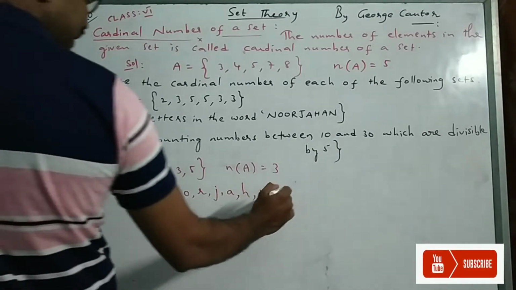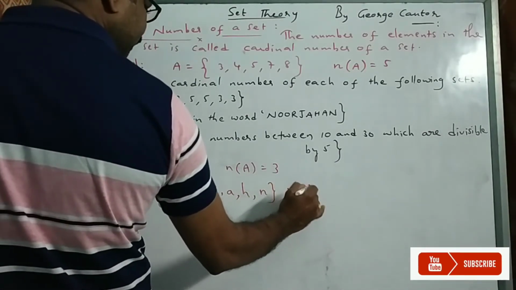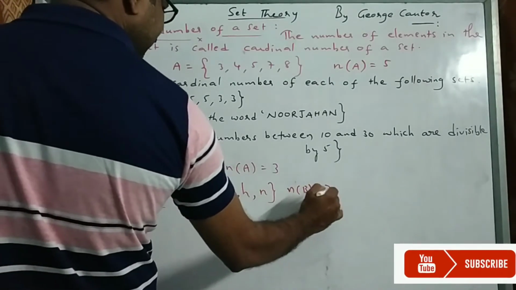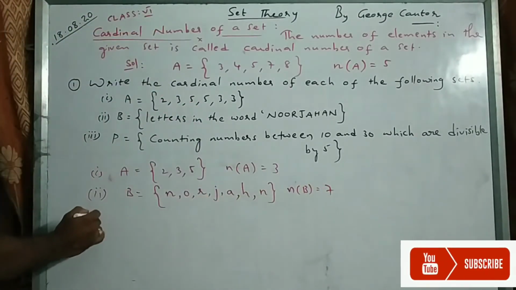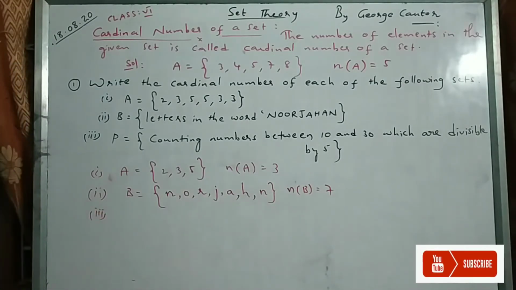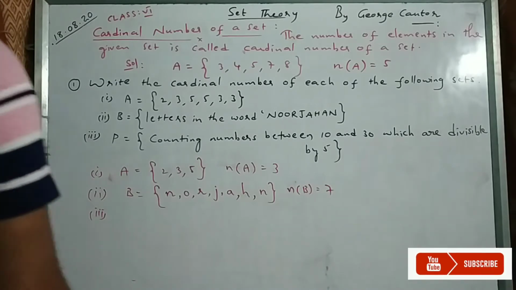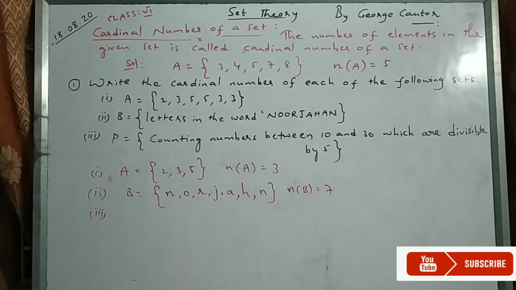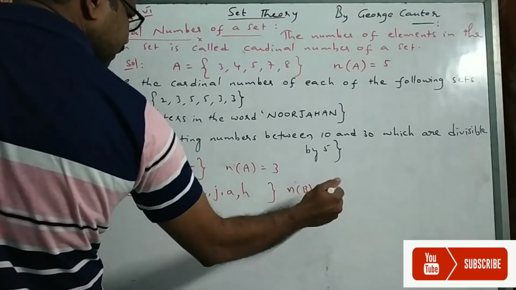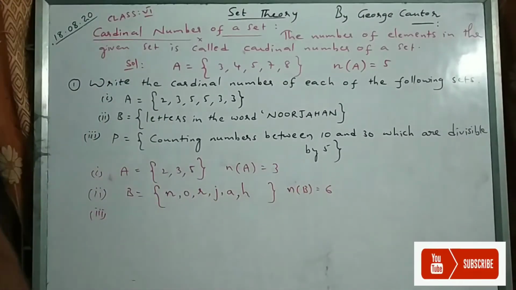How many elements are there? 1, 2, 3, 4, 5, 6, 7. 7 elements are there. Clear? Any repetition? Oh, n is there. Sorry, only 6. n is repeated twice.